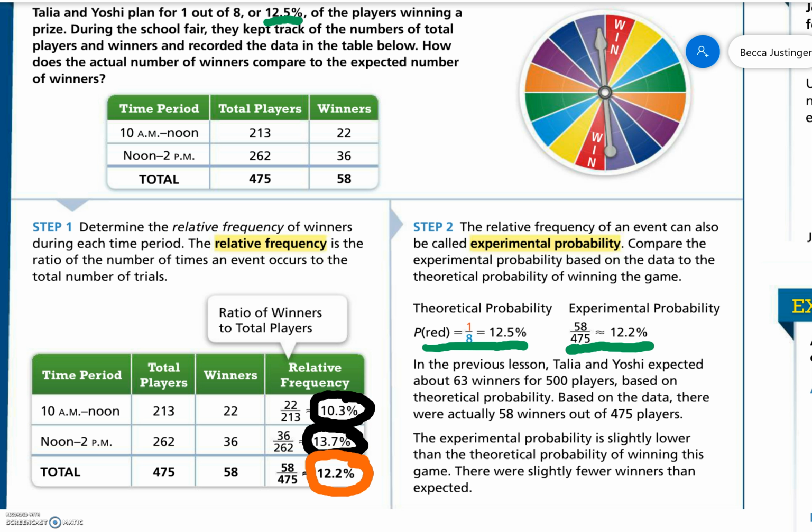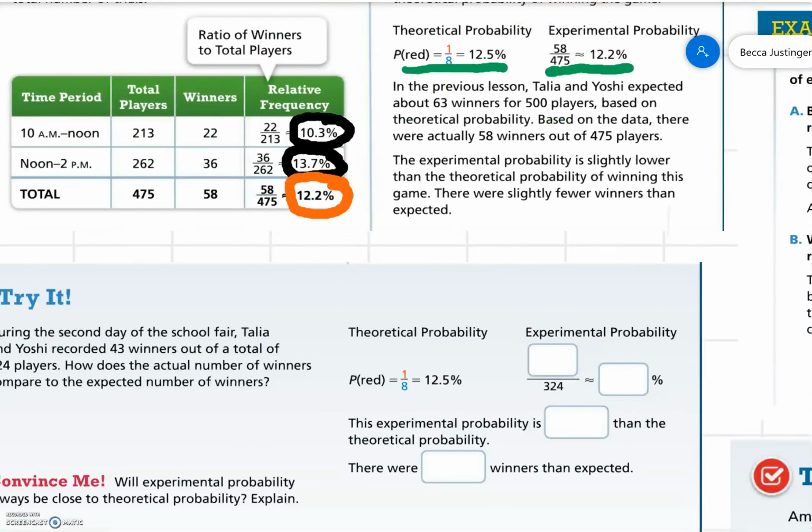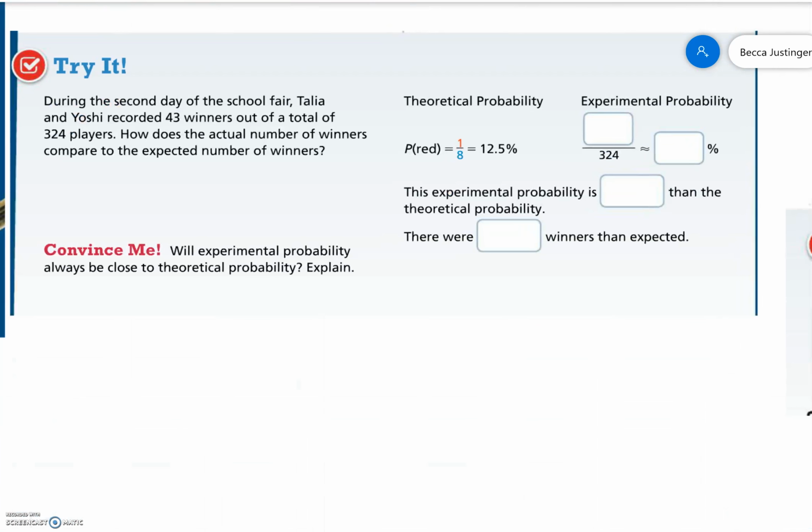Based on this data, there were actually 58 winners out of 475 players. The experimental probability is slightly lower than the theoretical probability of winning this game. There were slightly fewer winners than expected. Let's try it.